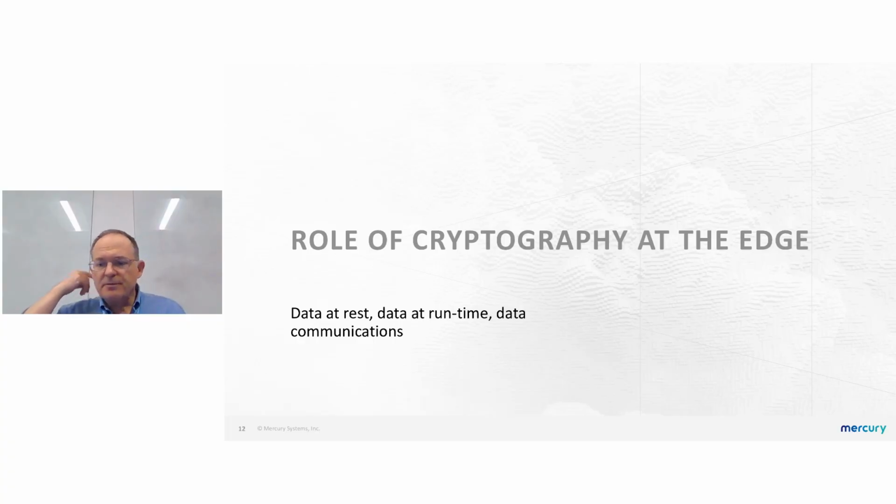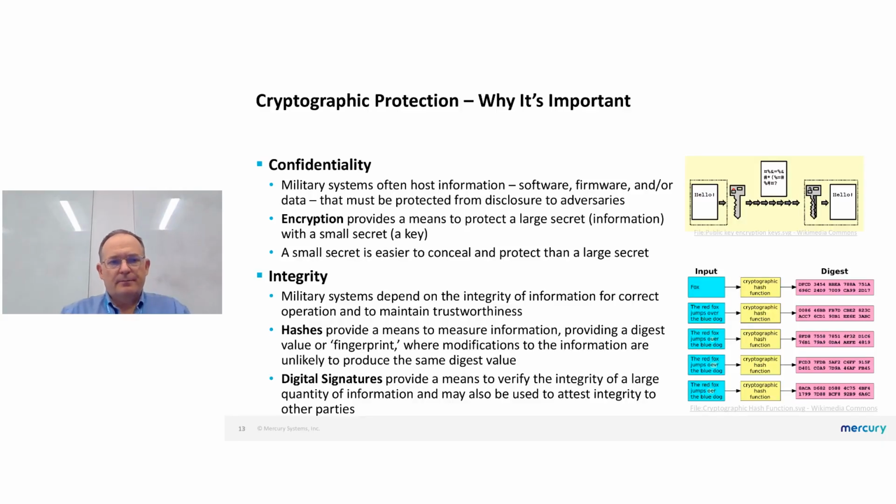So in this next section, we're going to talk a little bit about the role of cryptography at the edge, and this is a particular focus area of this presentation. First, cryptographic protection. Why is it important? We talked about at least two of the foundations of InfoSec: confidentiality and integrity.